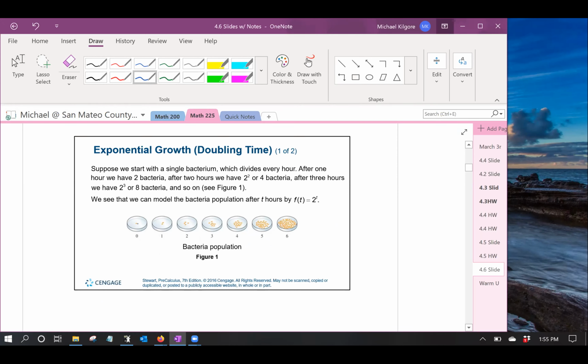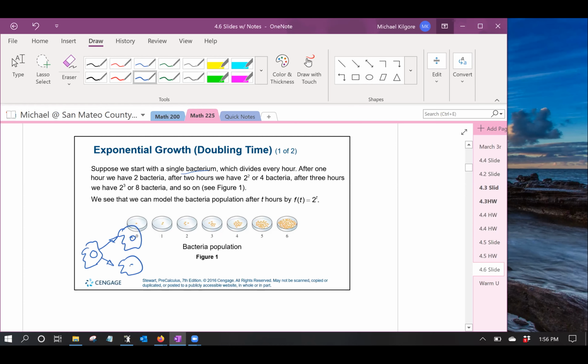It eats the sugar and the protein, and then it divides and grows. And they're saying that this bacteria divides every hour, which means that each cell splits into two, and you're going to have two after every hour.